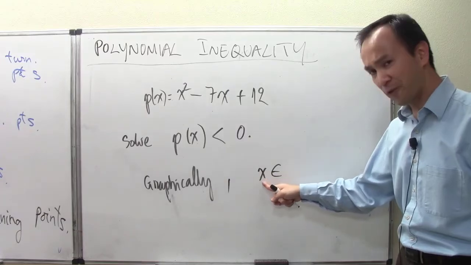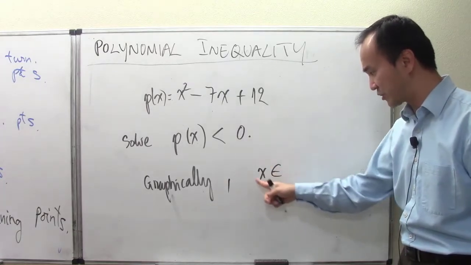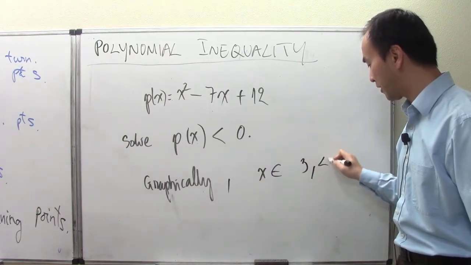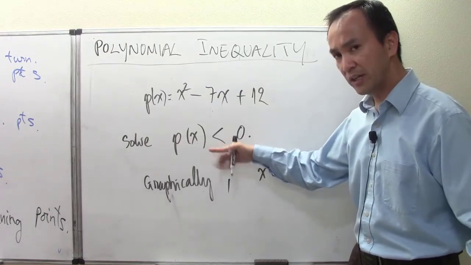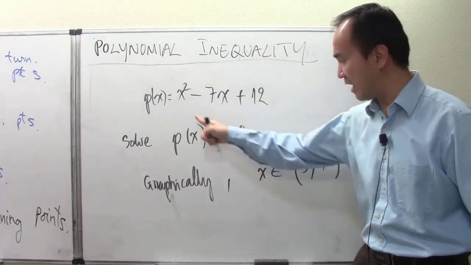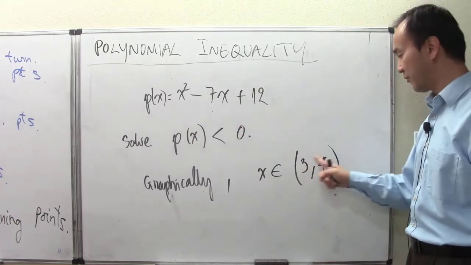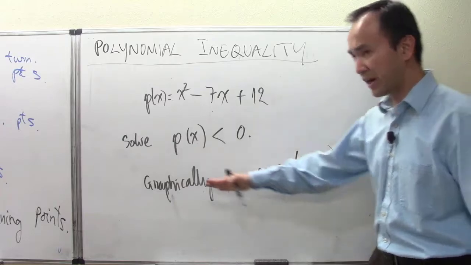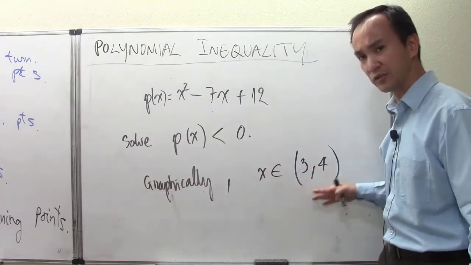So for all of those x values you've seen on the interval earlier, x is inside the interval anywhere between 3 and 4. And it has to be a strict interval, because we want to be strictly down below. When x equals 3 and x equals 4, our polynomial equals 0, so that's not what we're looking for. The interval has to be strictly between 3 and 4. Graphically, this is what we already estimate through the graph.